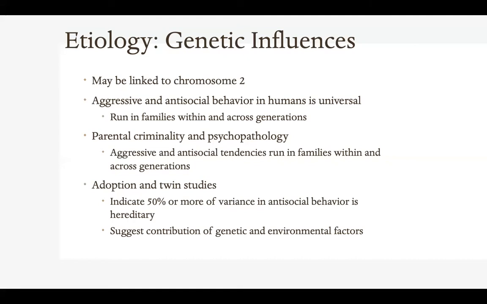We have seen in research a link between parental criminality. So if a parent is a criminal, there's a higher chance, again, that it could run in families. And this is also due to the aggression and antisocial tendencies that a parent criminal may have.